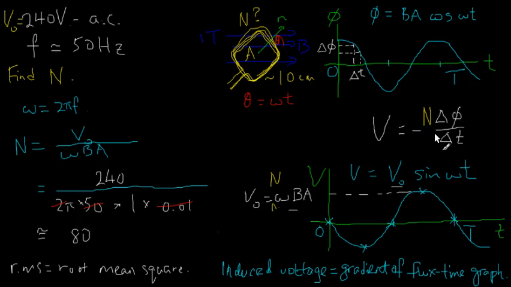Up to now, I've simply talked about the induced voltage without paying any attention to the minus sign. I've just assumed that it's simply the rate of change. What I'd like to explain now is the reason and meaning of this minus sign.